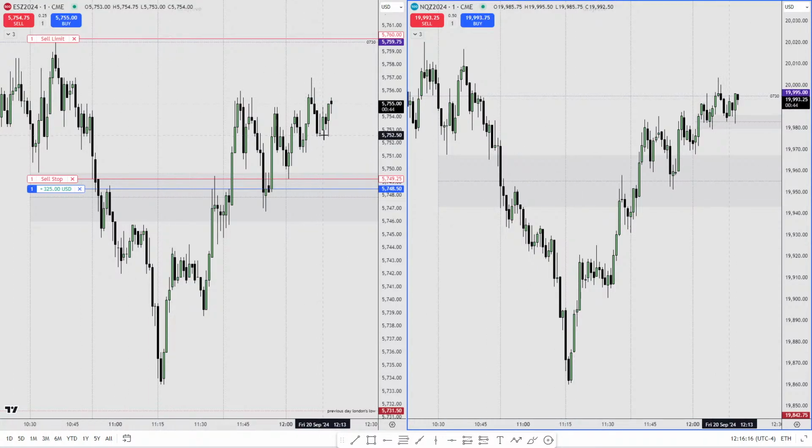Small little micro SMT down here between ES and NQ. This is probably an immediate rebalance, not too sure. I don't really want to overanalyze.